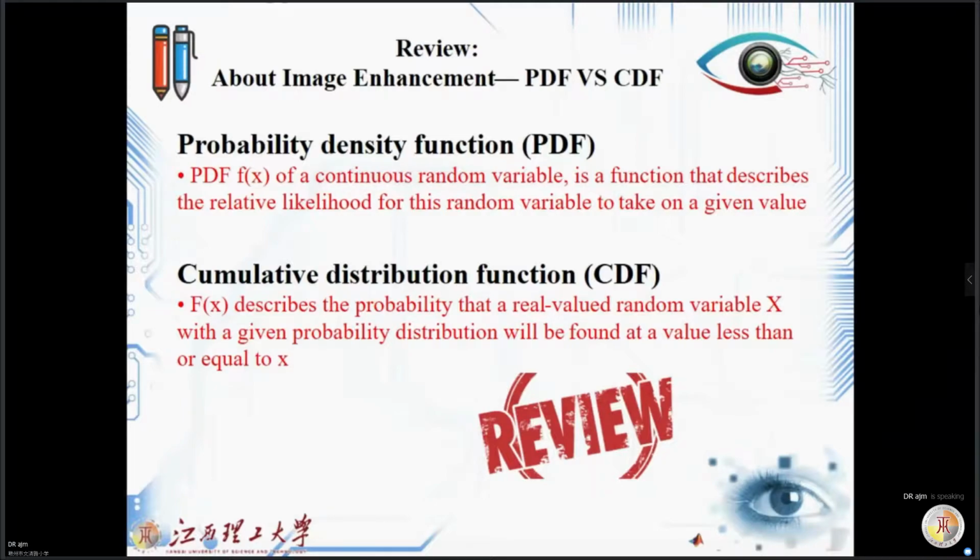The other is the CDF, F(x), which describes the probability that a real-valued random variable x with the given probability distribution will be found at a value less than or equal to x. These were the two definitions we discussed in the previous lecture.